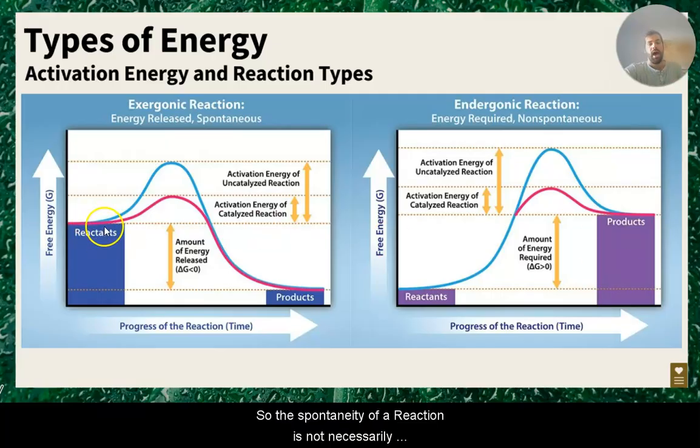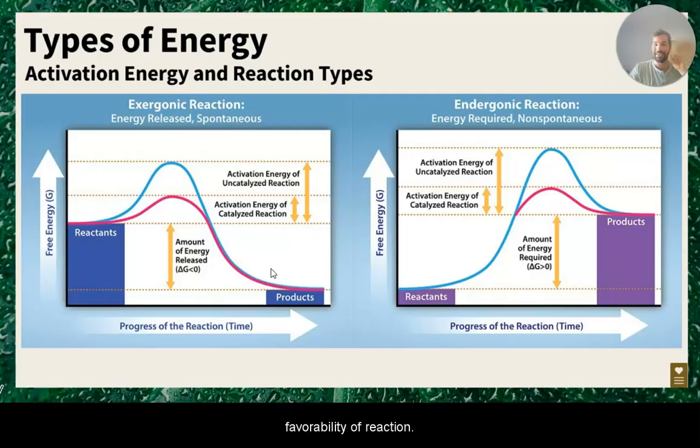So the spontaneity of a reaction is not necessarily to do with the energetic favorability of the reaction. Endergonic and exergonic is sort of, is this an energy releasing or an energy using reaction? Spontaneity has more to do with this activation energy, this additional bit of energy that is needed in order to get things going.